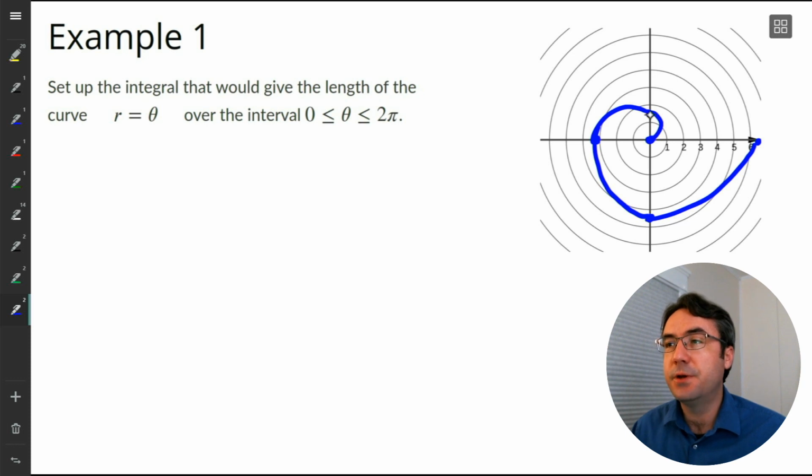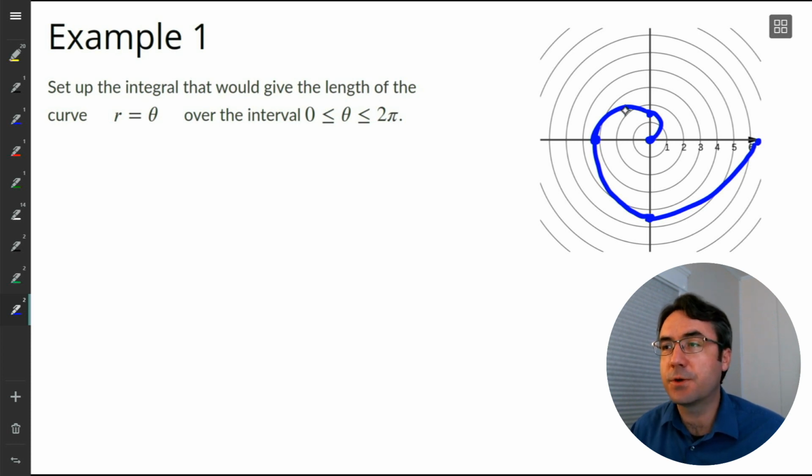And then at pi over 2, the r value is around 1.5, 1.6, somewhere in there. So we're about that many units away from the origin here. Then at pi, if we plug theta equals pi into this, it tells us the r value is pi as well. So we're about 3.14 units away from the origin here. And then at 3 pi over 2, I think it was roughly 4.5. And then at 2 pi, we're about 6.28 units away from the origin. So we're just spiraling around here as we move counterclockwise.